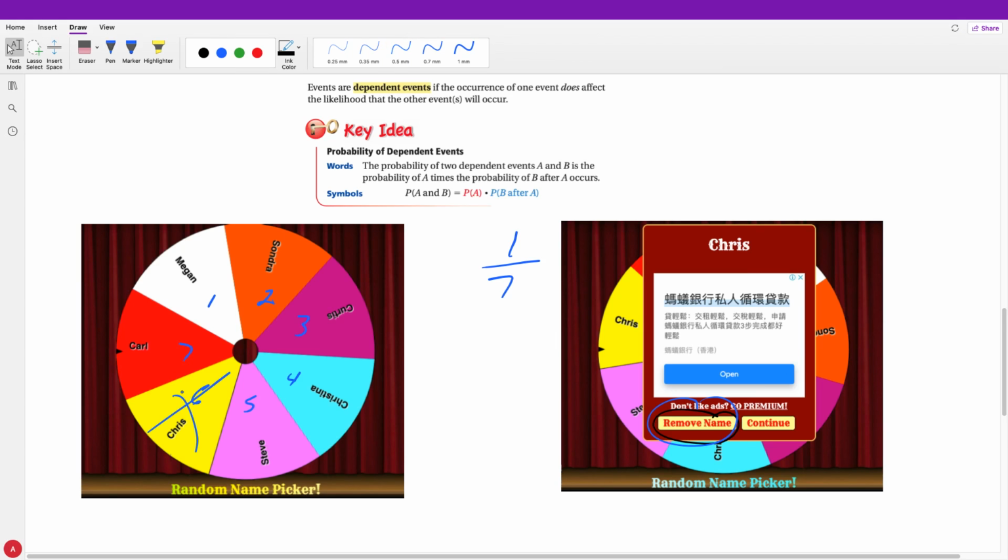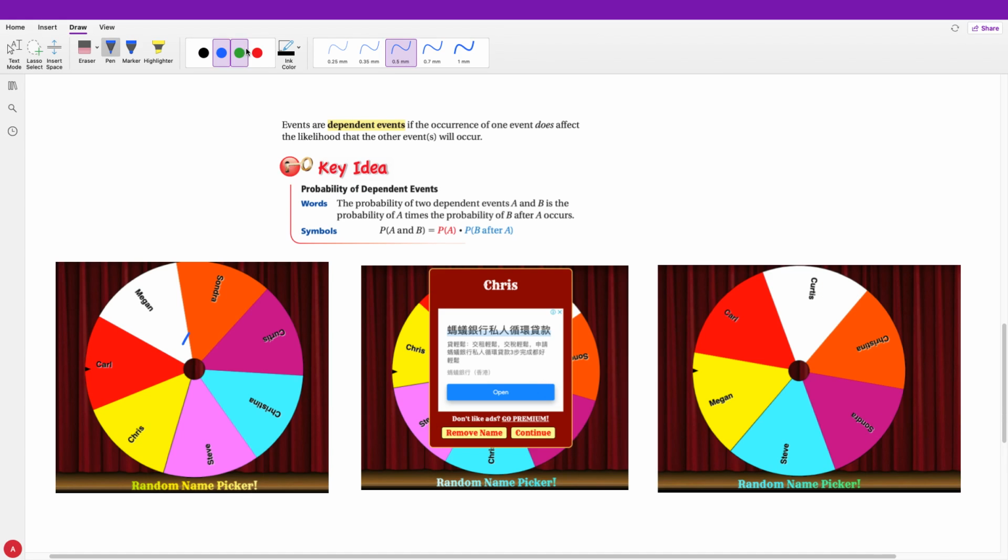So let me show you that again. After we removed Chris's name from the wheel, we now only had 1, 2, 3, 4, 5, 6 names to choose from. So you see, we started with 7 the first time, but after we chose someone, we removed them from the wheel, and now there are only 6 names.